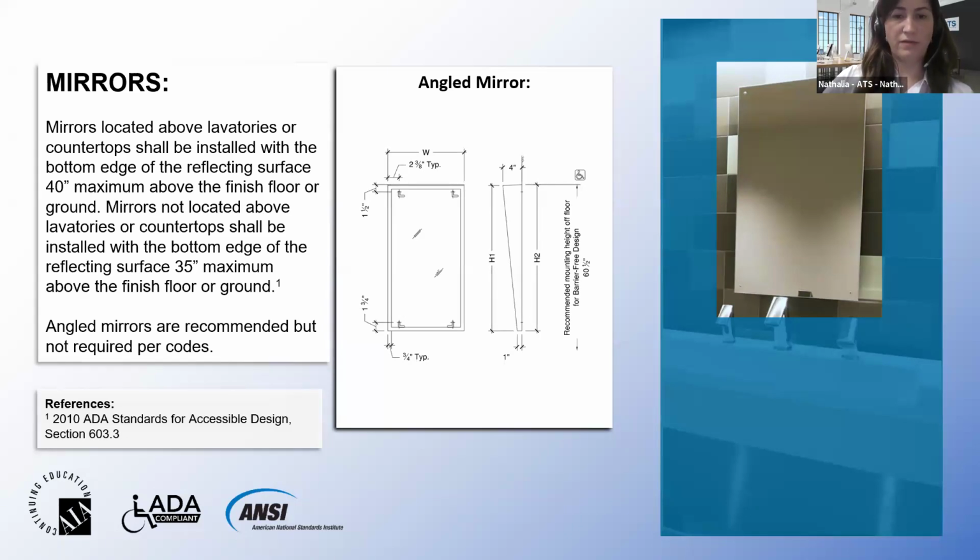And we have the option, a very common option for barrier-free bathrooms, of using an angled mirror. They are not really required, but they are recommended whenever you can install an angled mirror. It's better for accessibility.